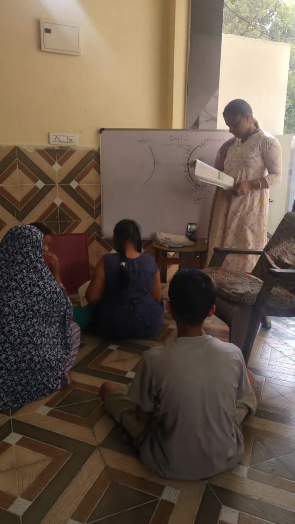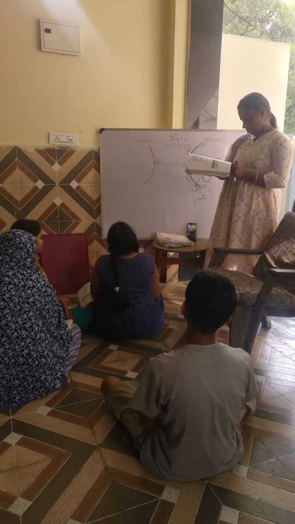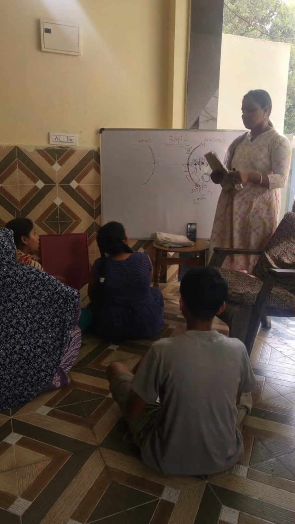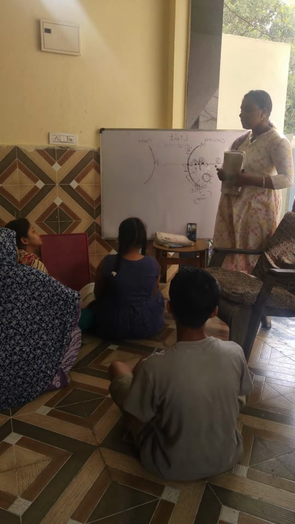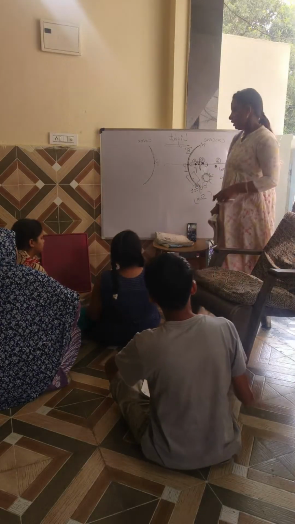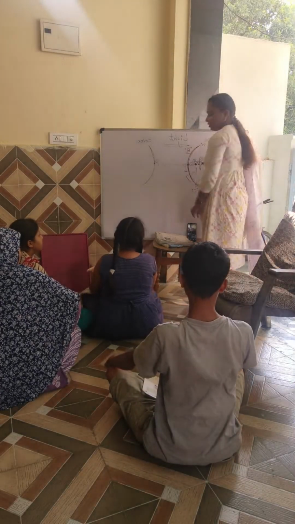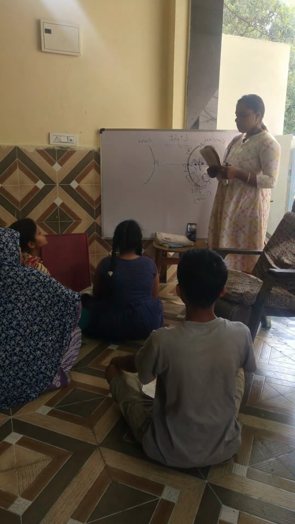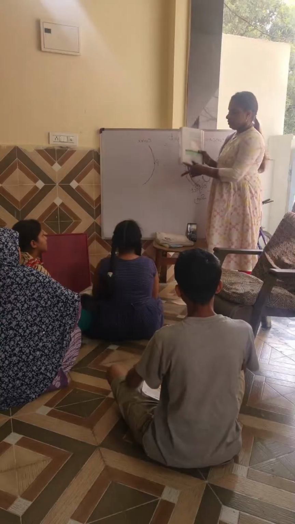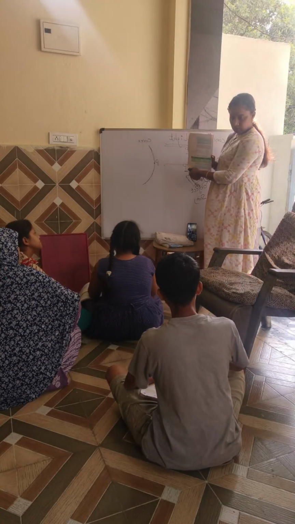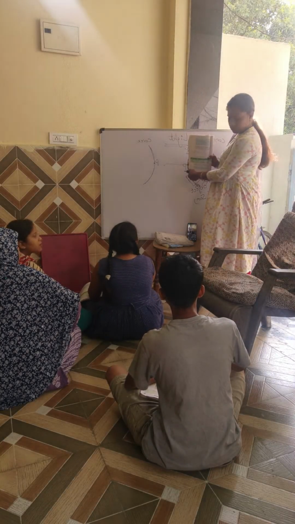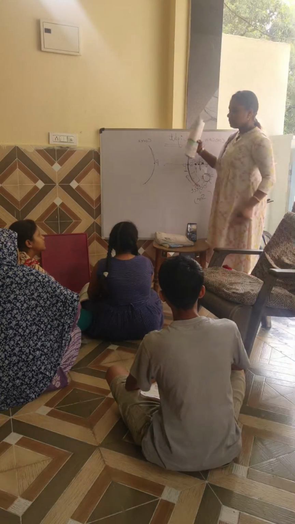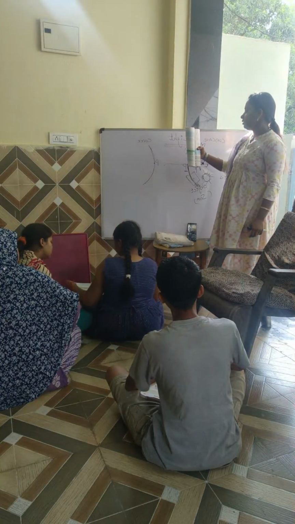What did you understand? You are taking the convex mirror, which means it is bulged outside. Okay, and you are keeping it in one hand. Like this, the mirror is. It is bulged outside. I am keeping this mirror in one hand.